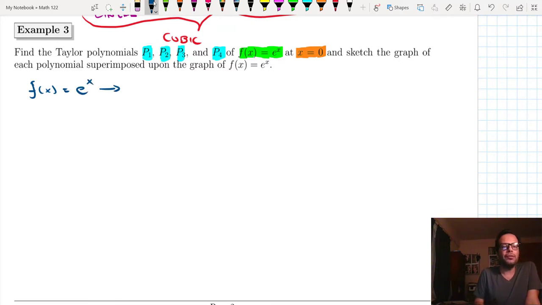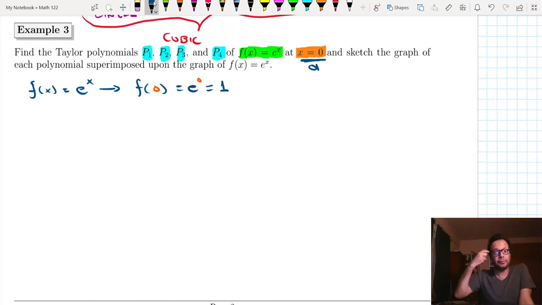So we are going to use f of x first, and then we are going to evaluate the function at the value x, which in this case represents a, e to the 0. Any quantity to the 0 is 1.